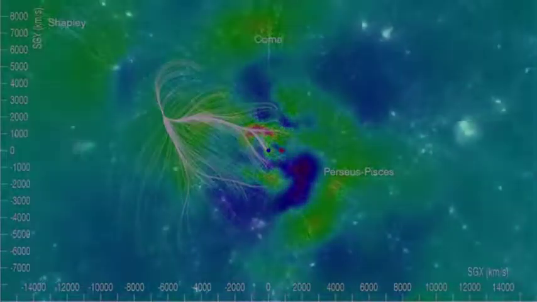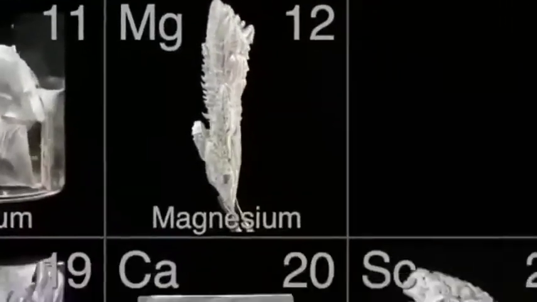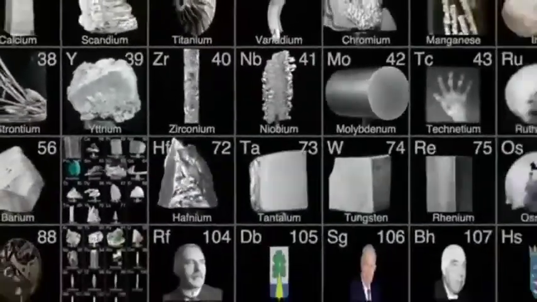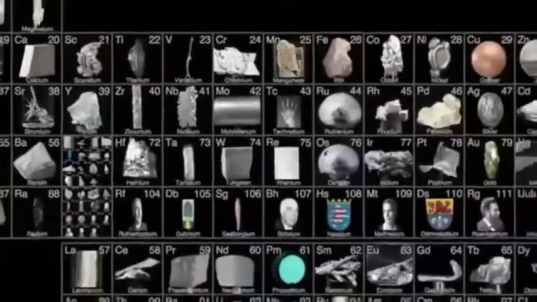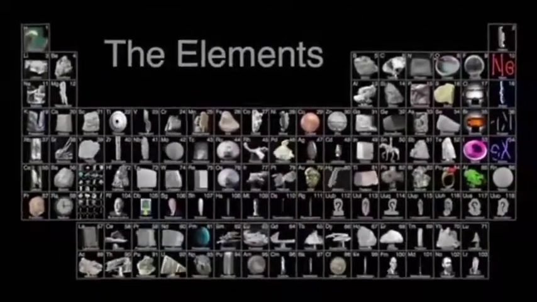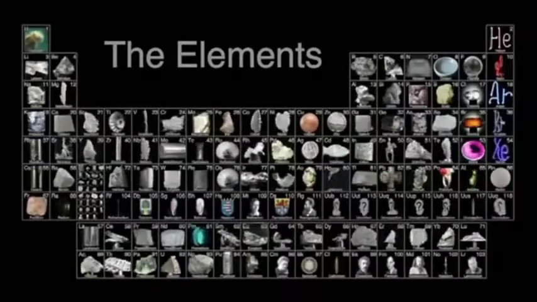As important as it is to our very existence, astronomers so far have no idea what dark matter is. This table shows us every element in the universe that we commonly experience on a daily basis. All of the physical matter that we can see, touch, taste, or feel is on this table, but not dark matter.